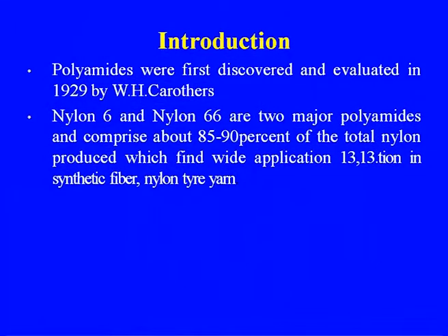Nylon 6 and nylon 66 are the two major polyamides and comprise about 85 to 90% of the total nylon produced, which find wide application in synthetic fiber, nylon tire yarn and other applications.